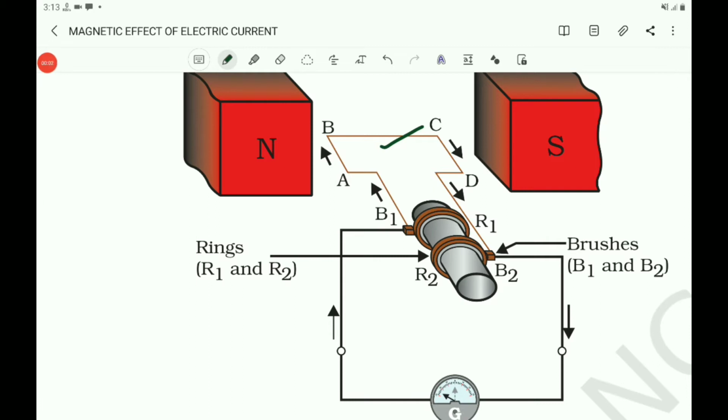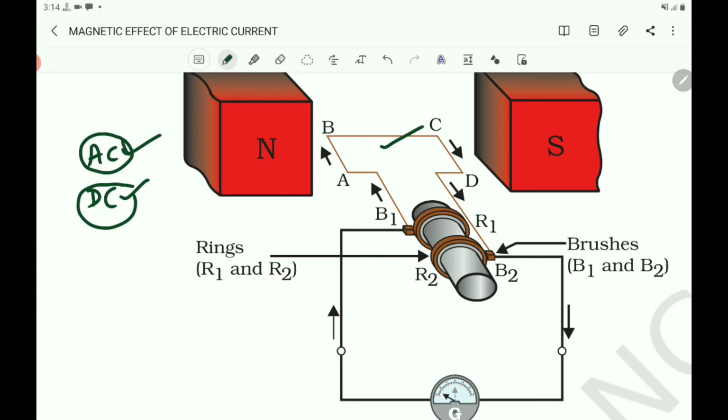You might have heard the words AC and DC. AC is the short form of alternating current, and DC is the short form of direct current.